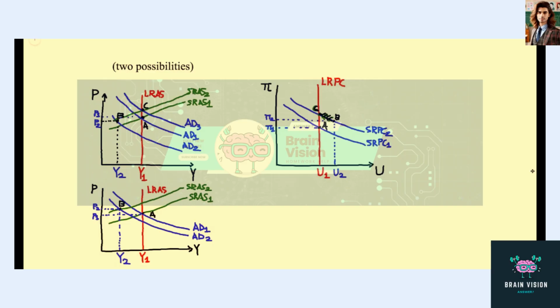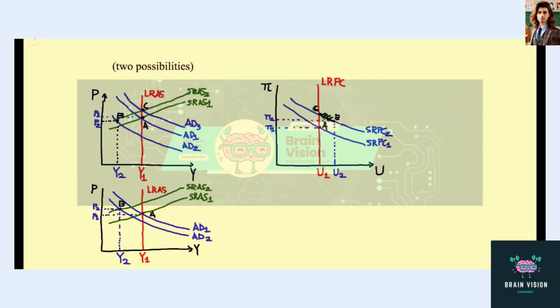And so they want to shift the aggregate demand curve from AD2 to AD3, even higher than before, so that it intersects the second short-run aggregate supply curve at a higher point. So they need to do all this shift in the aggregate demand curve to restore the economy back to natural output at point C, right here.